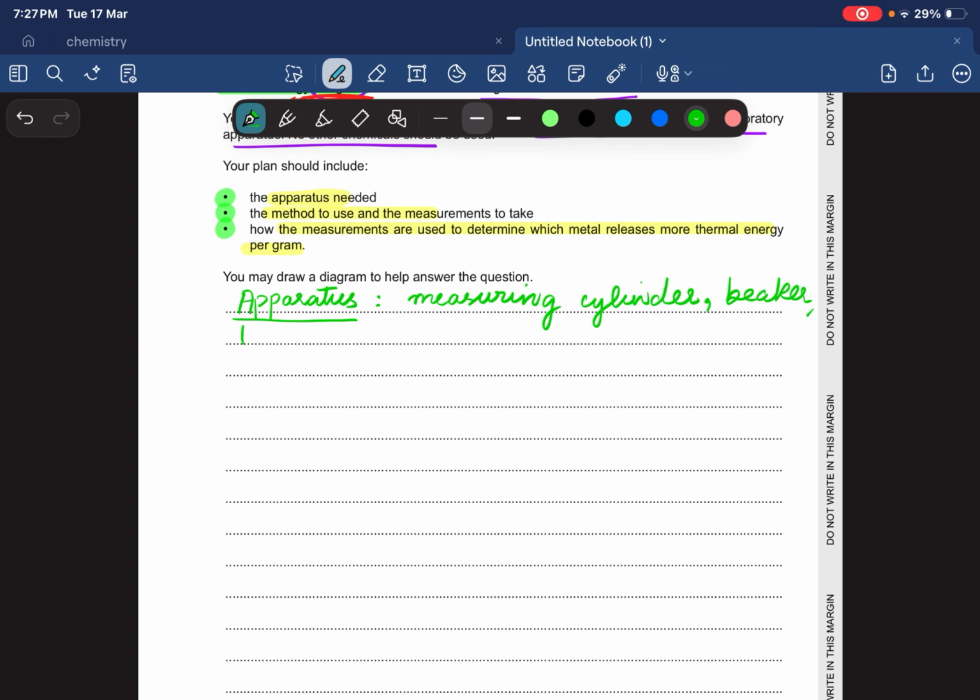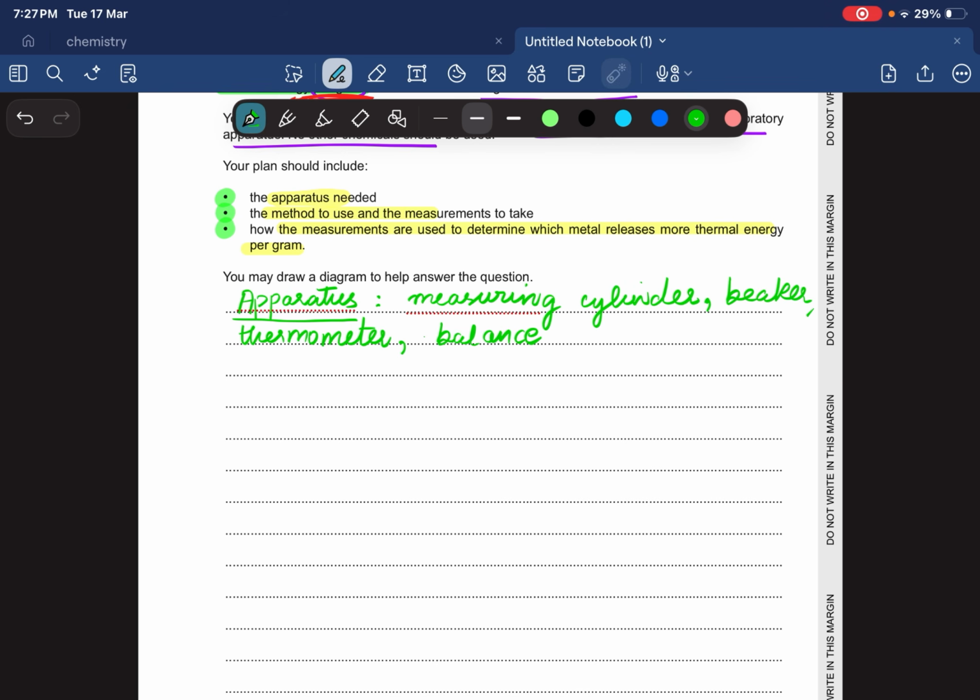Third, I need a thermometer to measure my temperature increase, initial minus final temperature. The fourth thing I need is a measuring balance. What do you call it, measuring balance or only balance? I think you only call it a balance. So that's my apparatus.